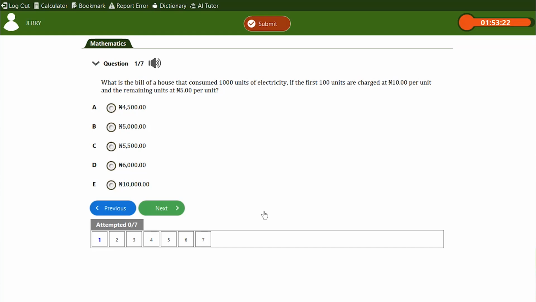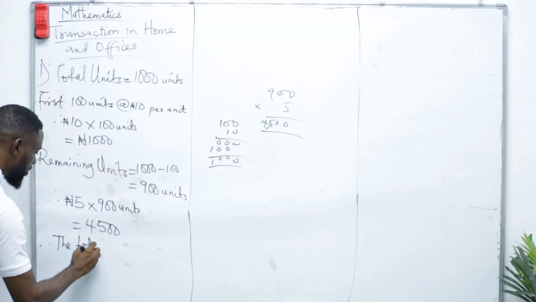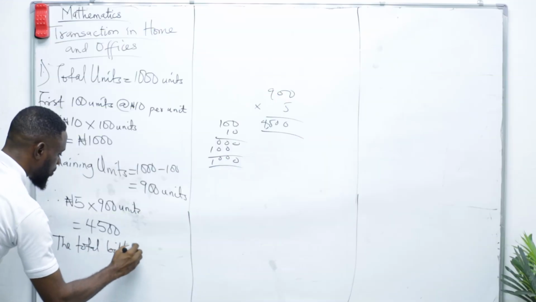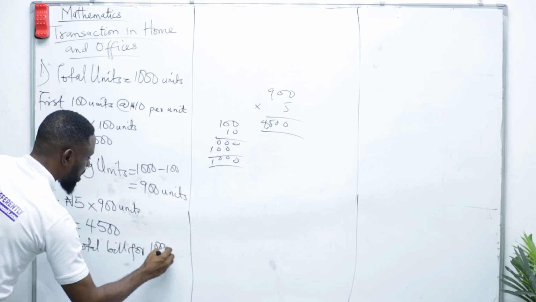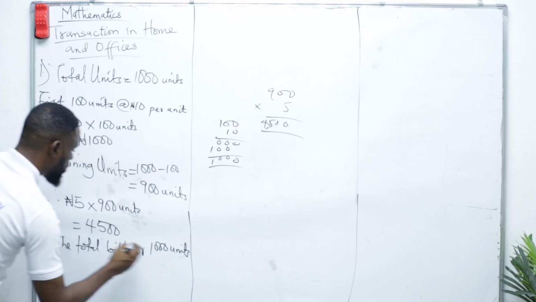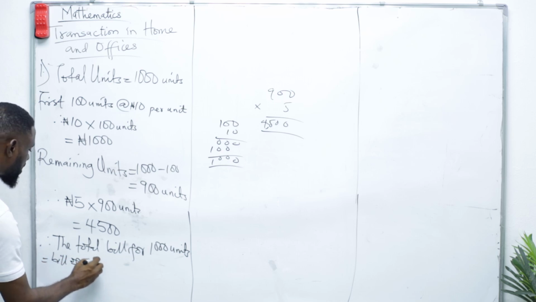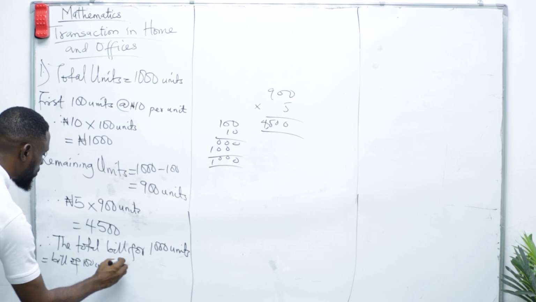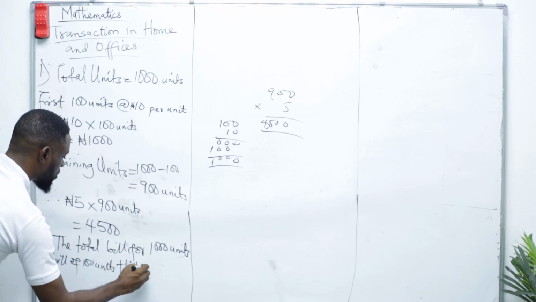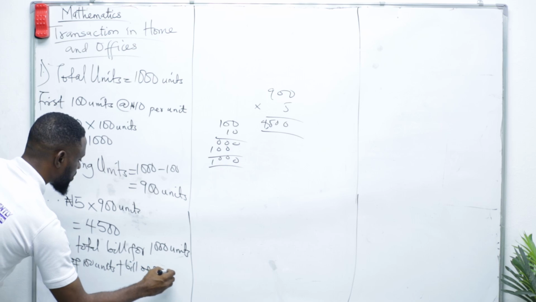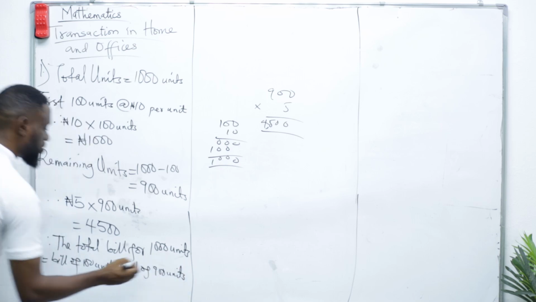So the total bill for 1,000 units will be equal to the bill of 100 units, that first one, plus the bill of 900 unit consumption. Do you get that?